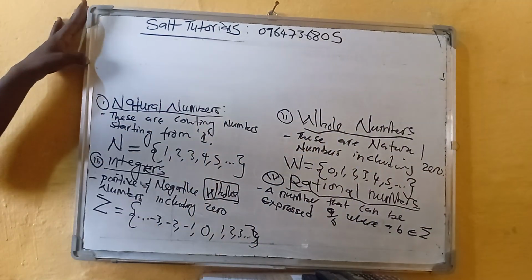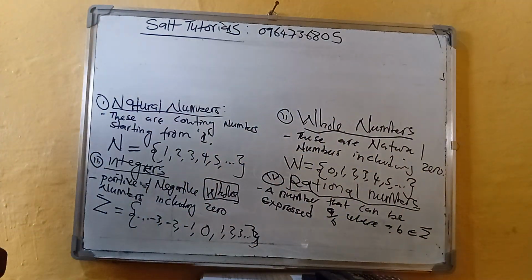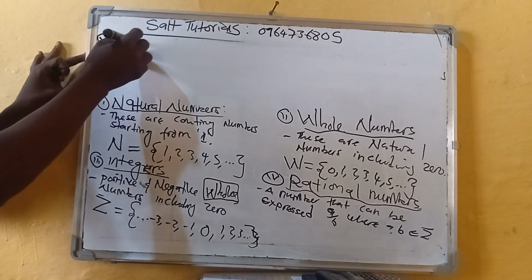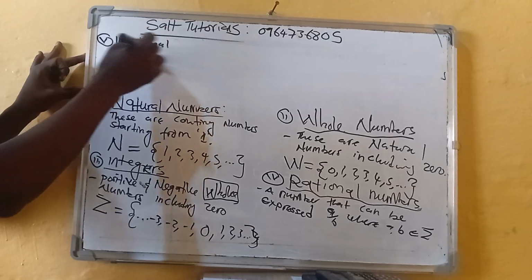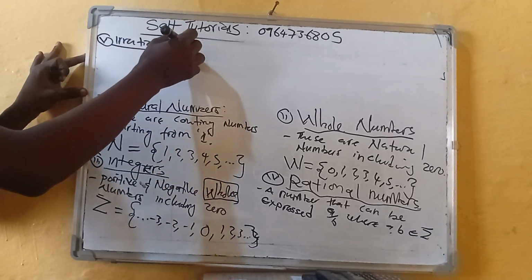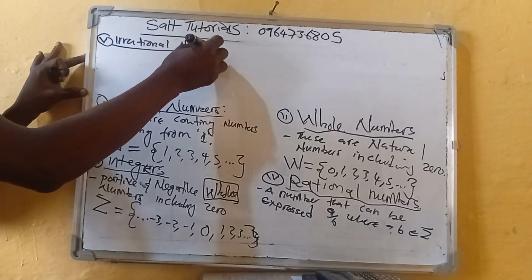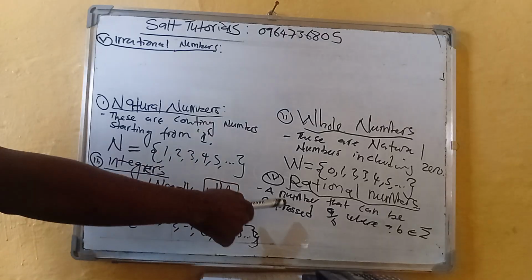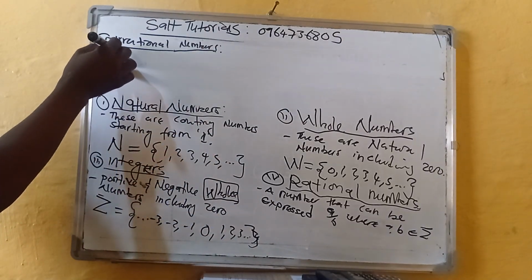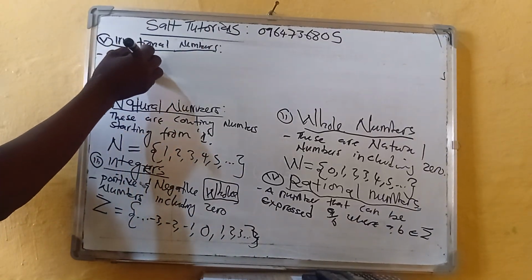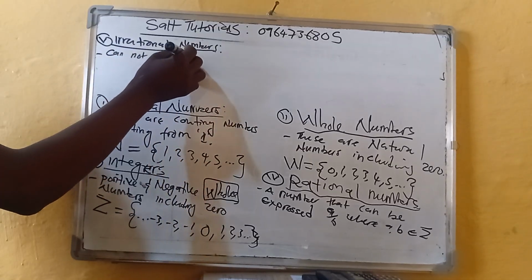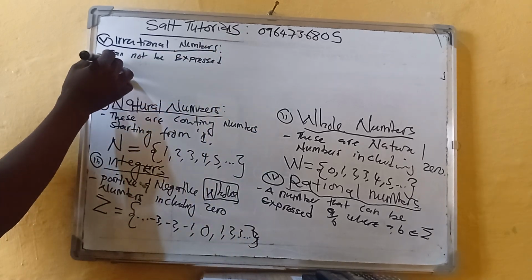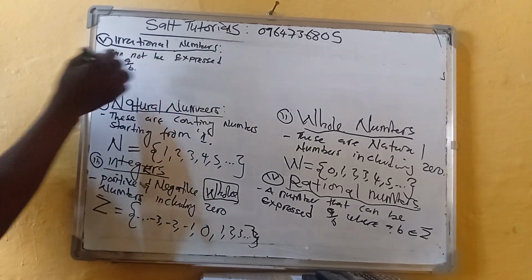So if I look at the other concept, which is called irrational numbers, it is basically the opposite of rational. These ones here, they cannot be expressed in the form a over b.